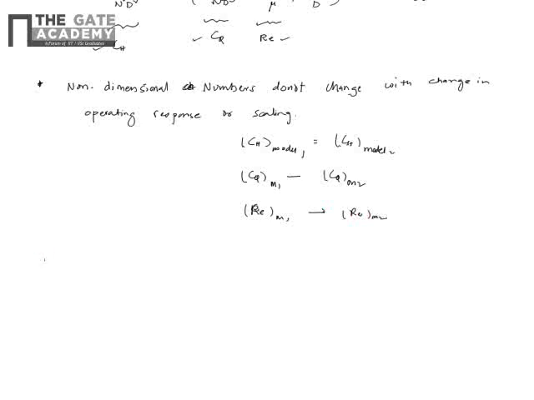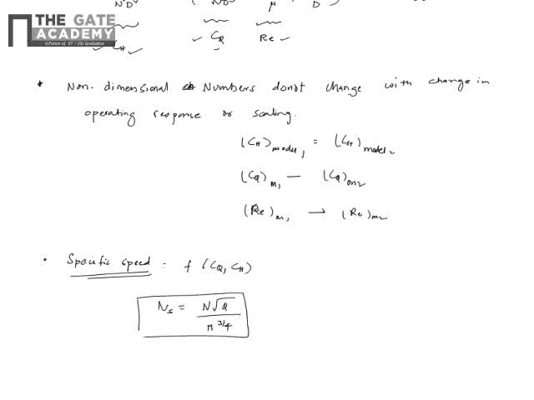Another important parameter which we express most of the time is the pump specific speed. That is another non-dimensional number, which is a function of CQ and CH. Combining the capacity coefficient and the head coefficient, I get the specific speed, and the formula comes out to be n root q by h to the power 3/4.